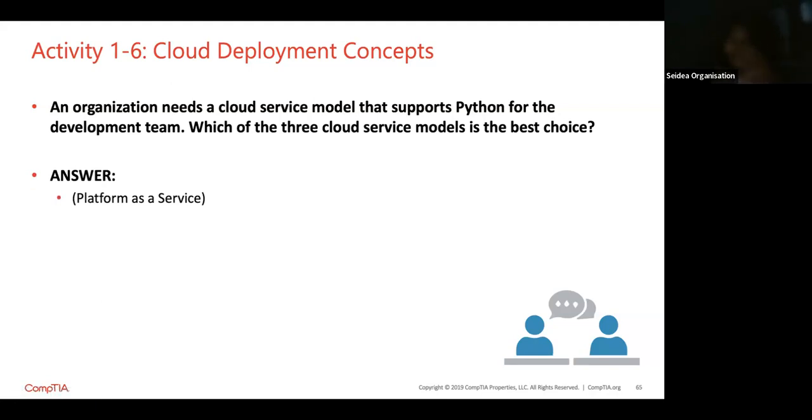Because when we're looking at Python, it's all about, I think the example that we gave for platform as a service was the Google Play Store. With the Google Play Store, developers are creating apps to deploy on there. So they are using different types of coding tools to create these applications to put on the platform.